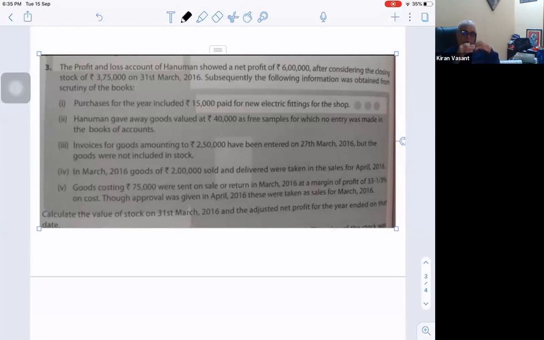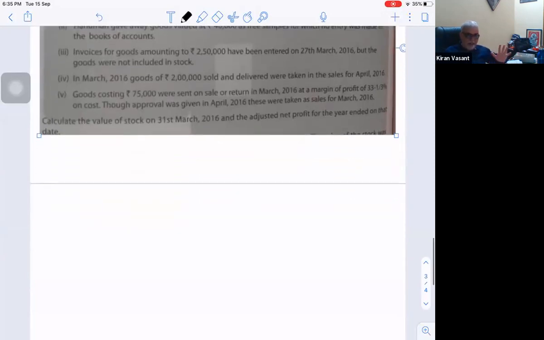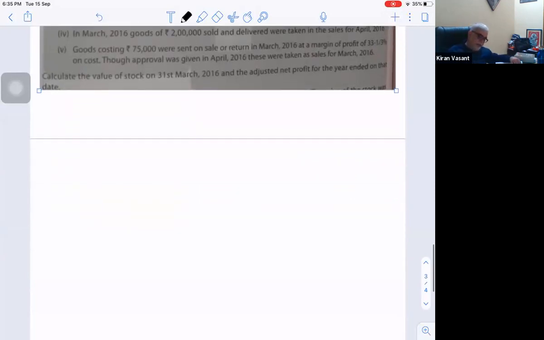You can do this question either in statement form or using a ledger account, whichever you want. I will solve it both ways. So let's start. I will first start with the statement form. What is the question? Calculate the value of stock on 31st of March 2016 and the adjusted net profit as on that date.